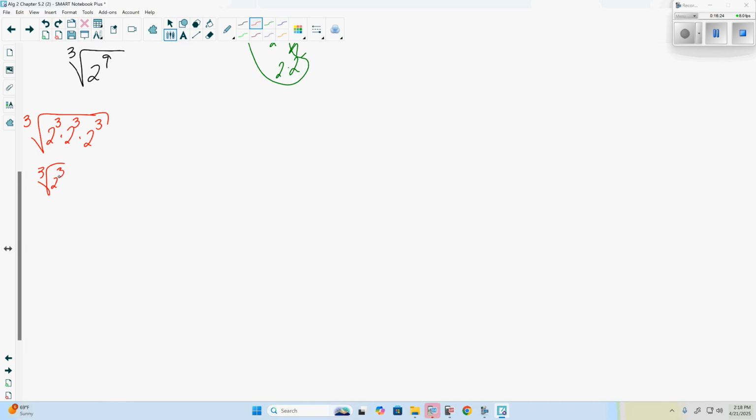Cube root of 2 to the 3rd, well, that would just be 2 times 2 times 2, which is 8, because our cube root and third power would cancel. Does that kind of make sense how we get there? Okay.